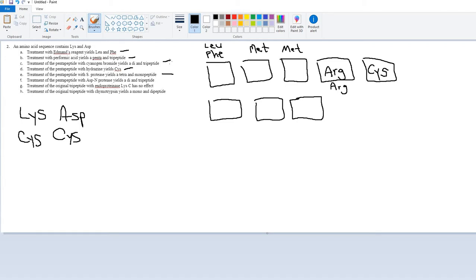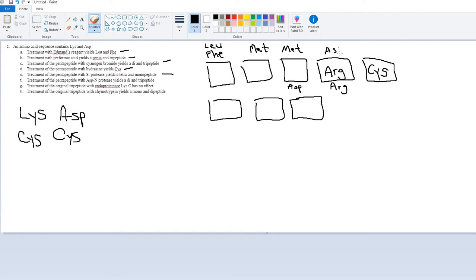Alright, so we have treatment of the pentapeptide with Asp-N protease yields a di and a tripeptide. Asp-N protease cleaves at glutamine or aspartate at the N-terminal, and we have one aspartate. So to get a di and a tripeptide on this, we either would have to cleave here, or we would have to cleave here.